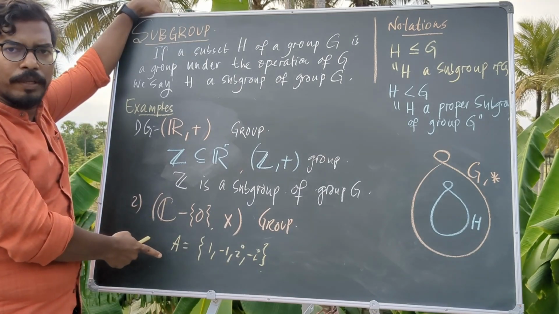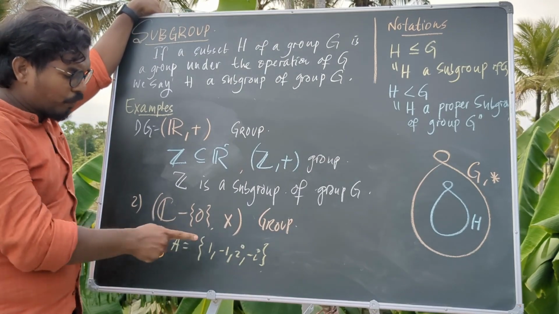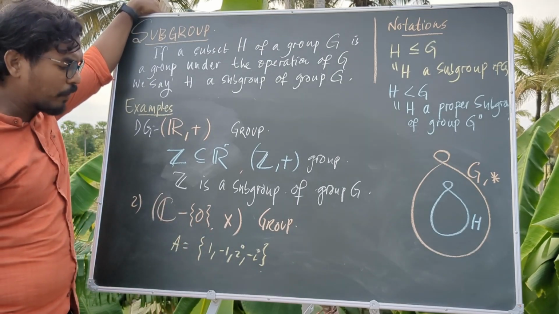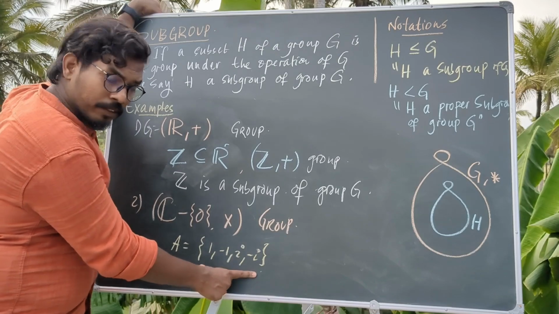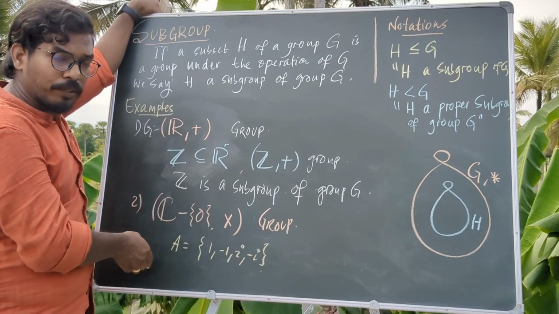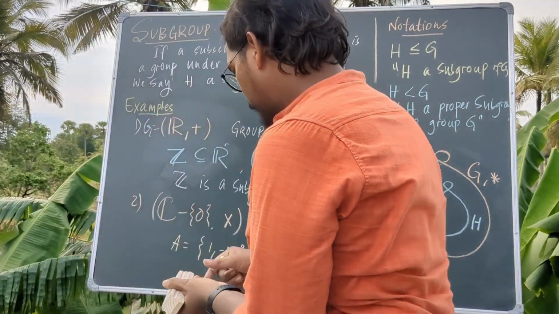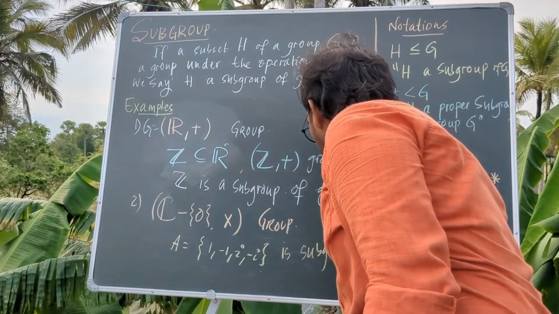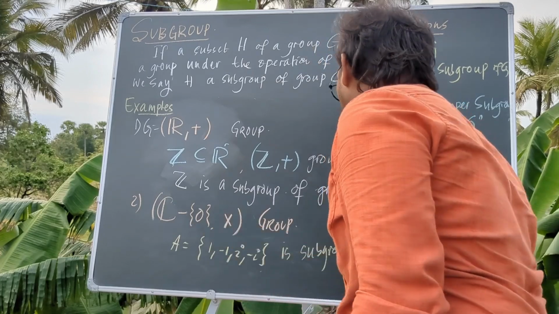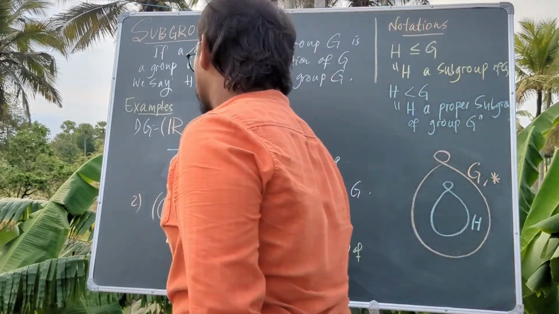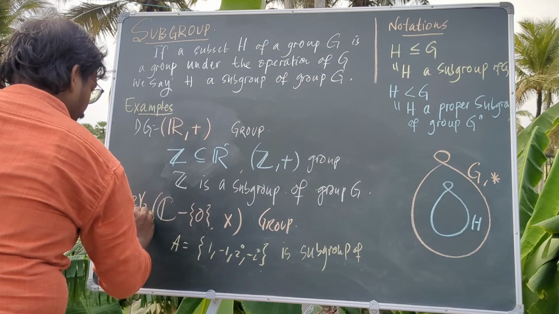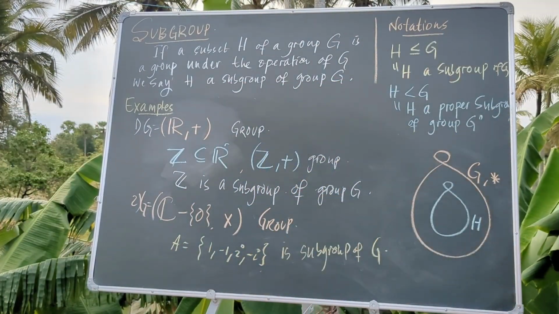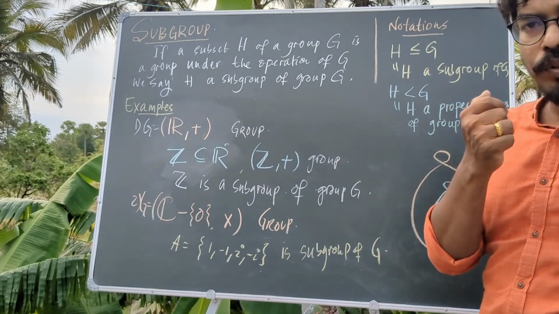We have seen this forms a group under the operation of complex multiplication, and this is a subset of non-zero complex numbers, and we can say this is a subgroup of our group G. Please pause the video to note. I will erase.